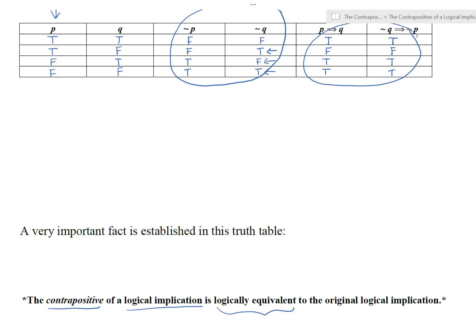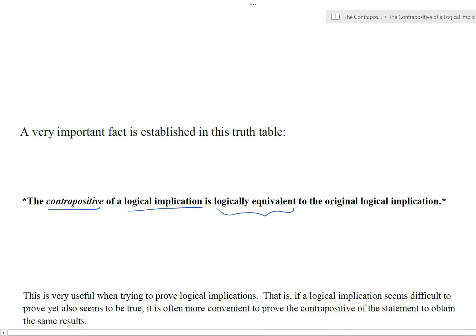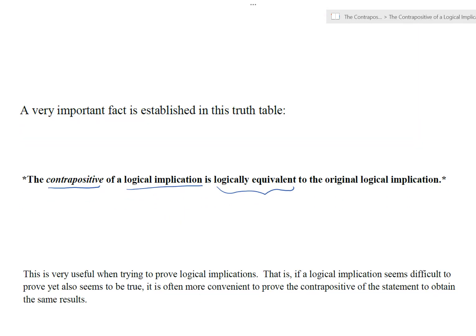What that allows us to do is use the contrapositive to prove a logical statement, because if we show the contrapositive is true, then that also shows that the original logical implication is true, since they share the same exact truth table. So it's very useful, and it's summarized here in this last statement.